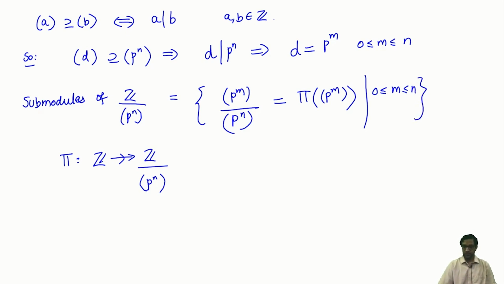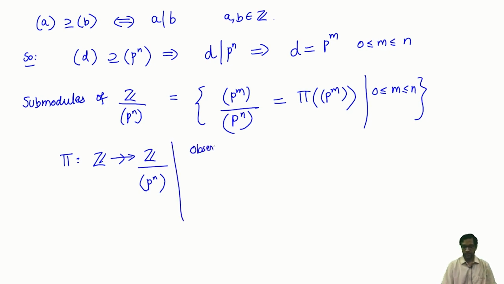Okay. Now here's the interesting observation. These submodules actually form sort of a chain, with one contained in the other. So that's the interesting thing with just having prime powers.